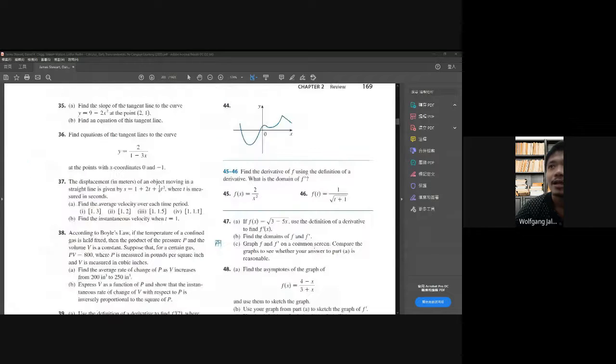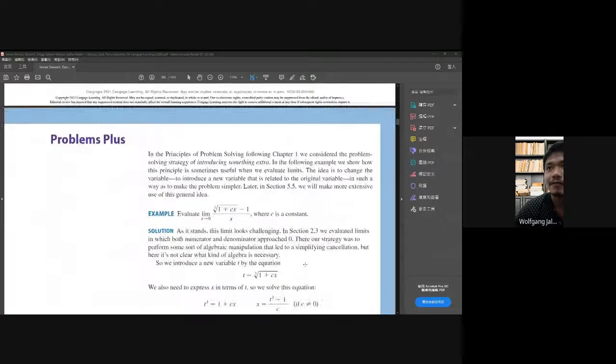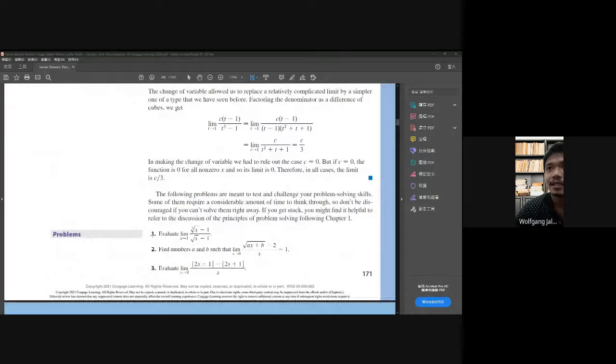Okay. Oh yeah, I found one. Anybody, can you try to do problem one here? This is easy, right? Can you try to do this and what is the answer? Maybe I will wait.